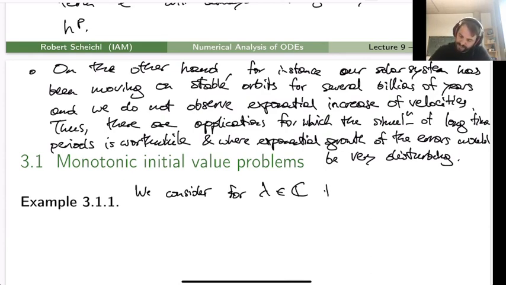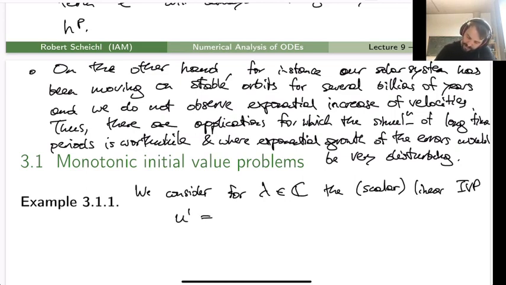We look at the scalar linear initial value problem u primed is equal to lambda u, and u of naught is equal to 1. So this would be 3.1.